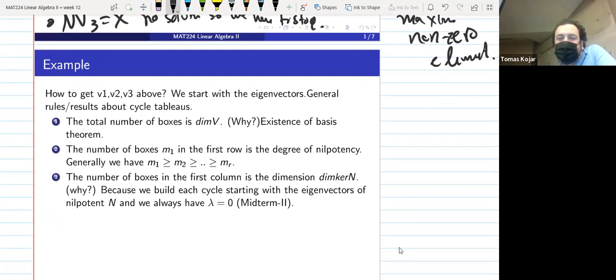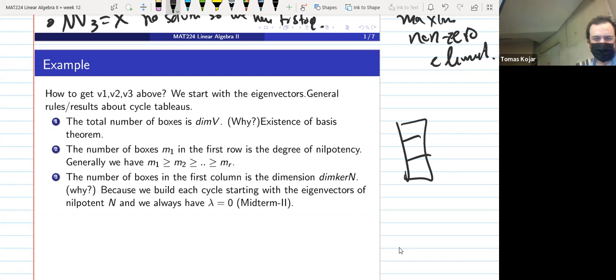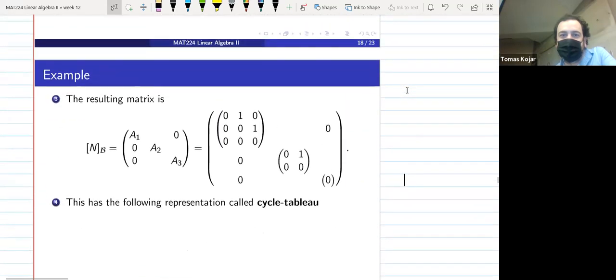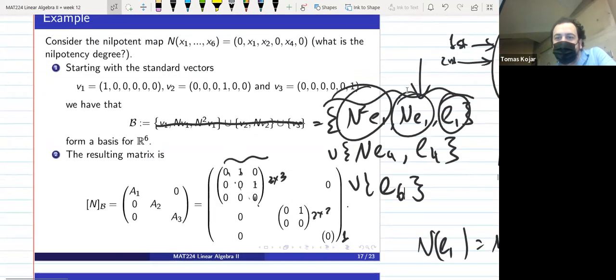So here I justify why the dimension of the kernel are the first 3 boxes. And that was because you precisely picked the first entry to be the eigenvector. I know this is a very bizarre thing, but it's very annoying, but you will get used to it.